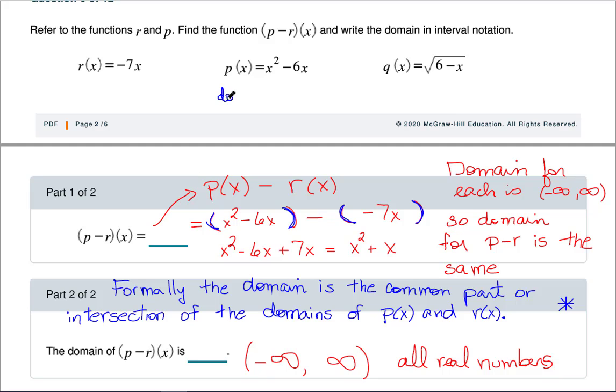Okay, so the domain here is everything, and for r it's everything as well. So they both have exactly the same stuff in common, and so the domain for the difference is all real numbers.